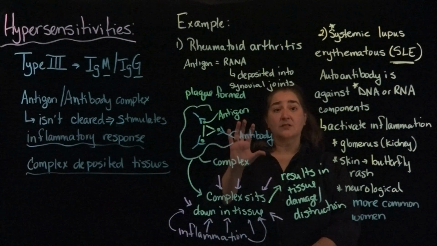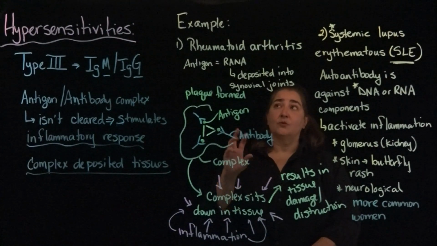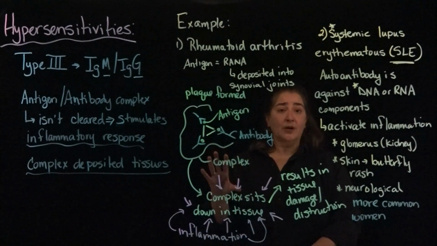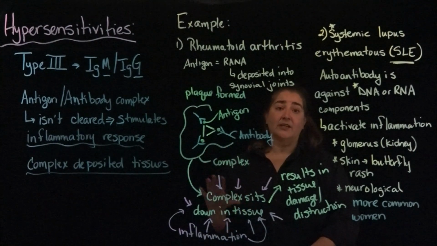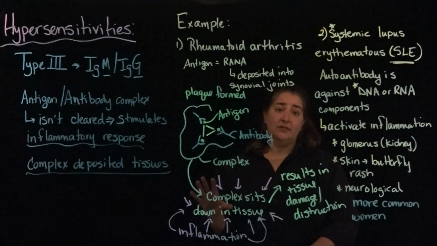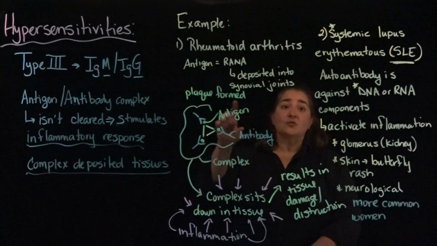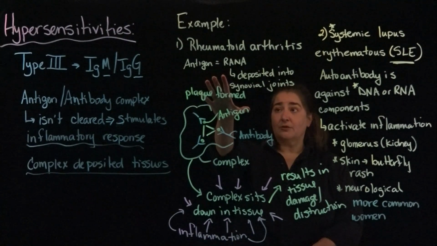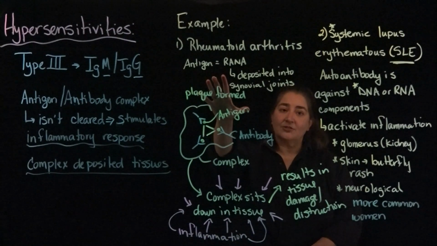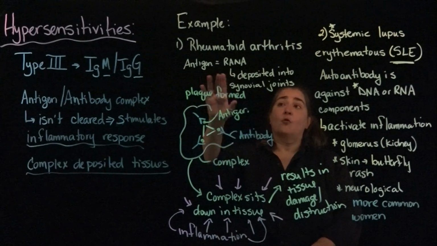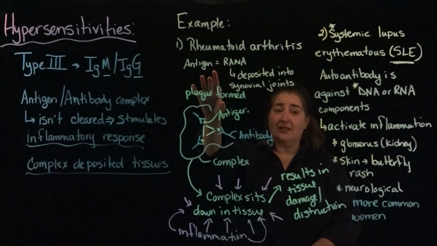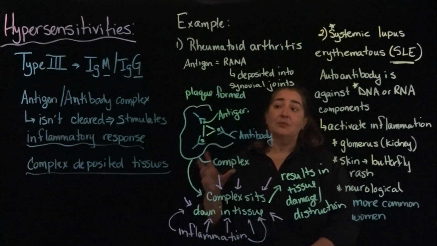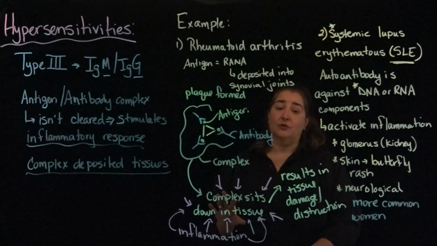And part of that reason is because when women are pregnant, you are slightly immunodeficient during pregnancy because you don't want your body to recognize that developing fetus as being foreign. So something in that mechanism actually relieves the symptoms of rheumatoid arthritis. It's not understood yet what that is or how we could potentially target that. But if that could be targeted, that would represent a potential treatment for rheumatoid arthritis.